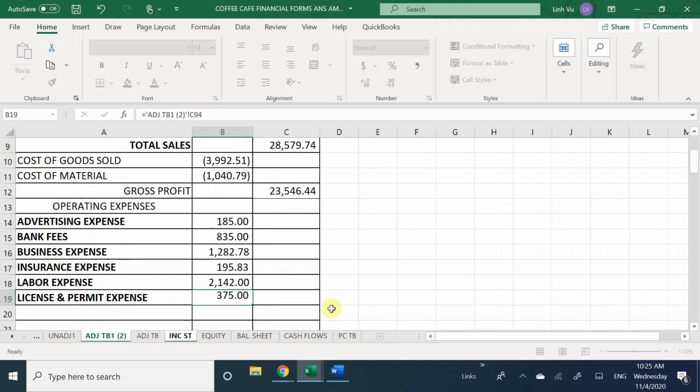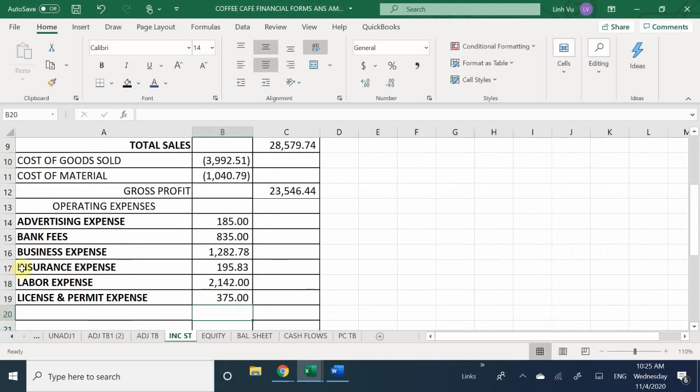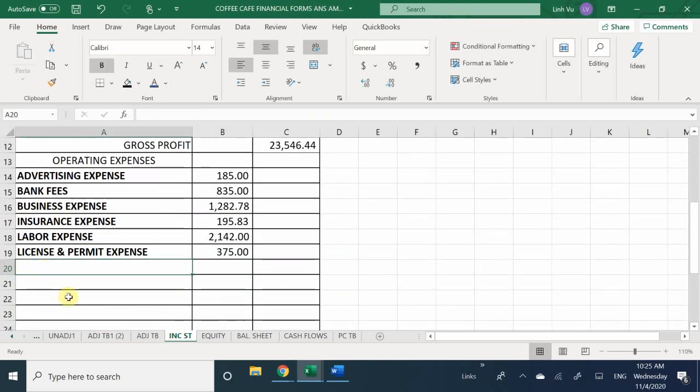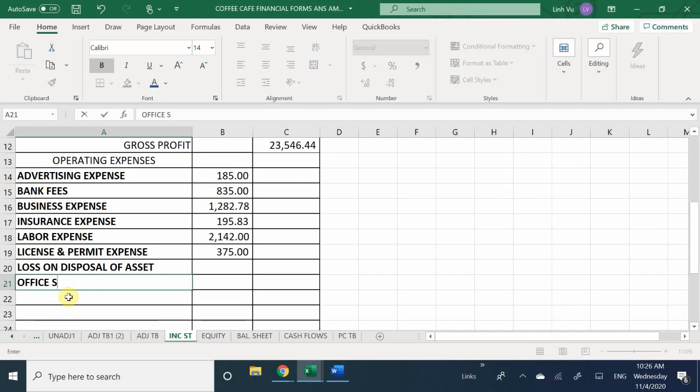Okay. So I also have loss on disposal of asset. I also had office supplies expense. And I also had payroll expense.